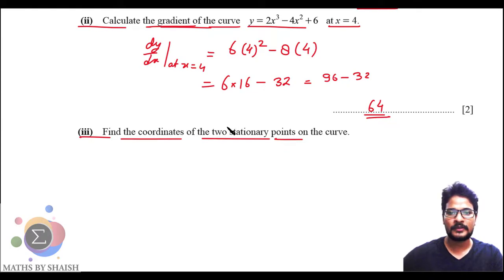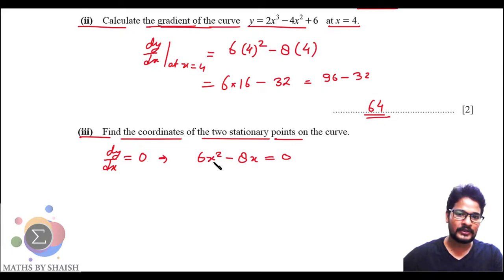Now the next part, again connected, is to find the coordinates of two stationary points. Stationary point means dy over dx, that is the gradient function, is 0. We call it d by dx of y, but that's fine. dy over dx is 0 means 6x squared, that is what we got from the first part, minus 8x equals 0. So we again have a quadratic equation, but in this case there is no constant, so we are going to take x common first of all, and then we are left with 6x minus 8. We could have taken 2 common also, but that's not a deal.